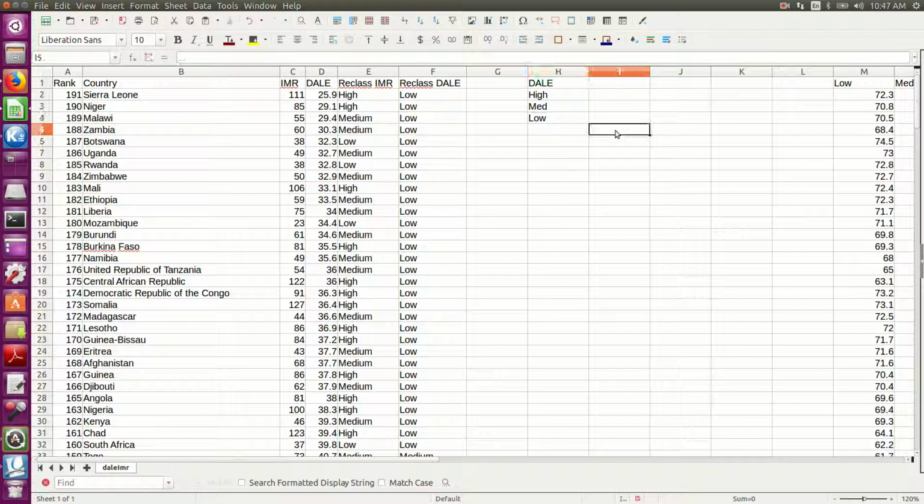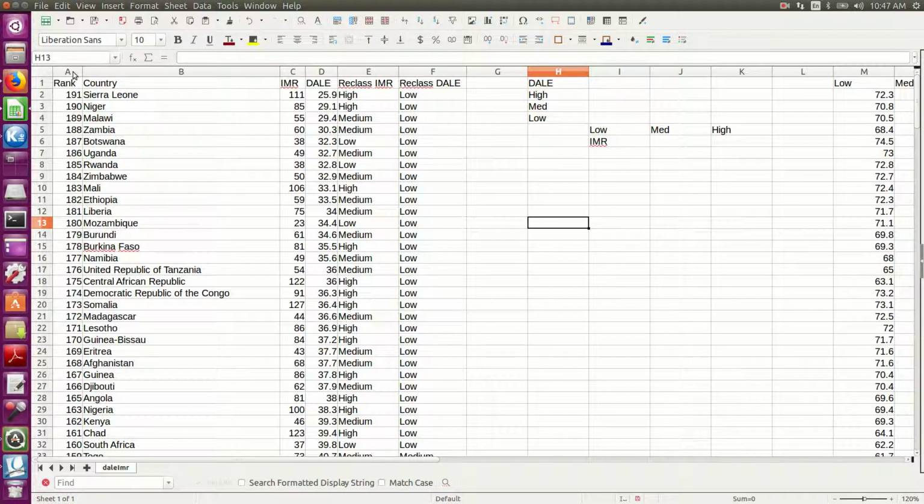And then this direction, I'm going to do low, medium, and high. And these are for the IMR that way. And so what I need to do is fill in these 9 spots with the numbers that are low, low for both low IMR, medium DALE, low IMR, high DALE, that sort of thing.